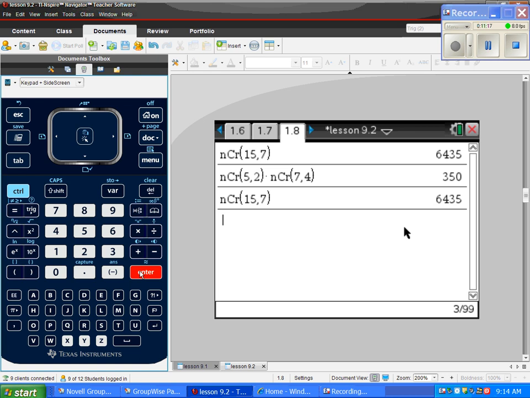Which number is going to be bigger, the combination or the permutation, if I have the same thing? Permutation. Why is permutation going to be bigger? Yeah, I got a lot more permutations than combinations.